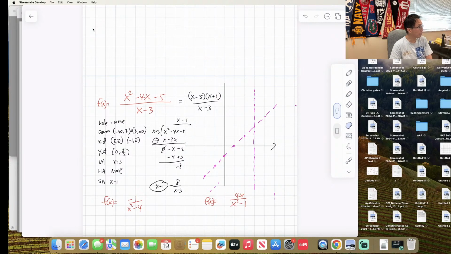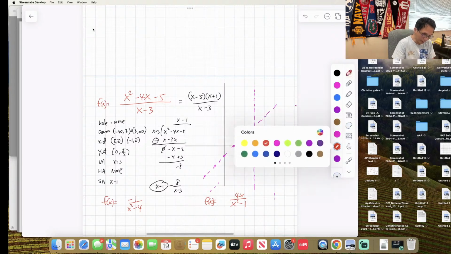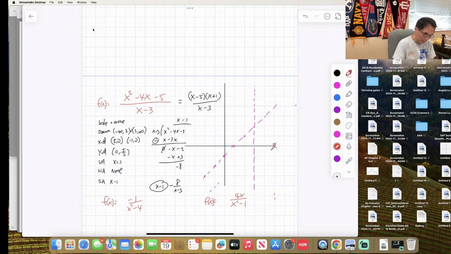Is that alright so far? And the x-intercept is (5, 0), so (5, 0) is right here, and the (-1, 0). Y-intercept is gonna be 5 over 3, so about 1.6. You good?